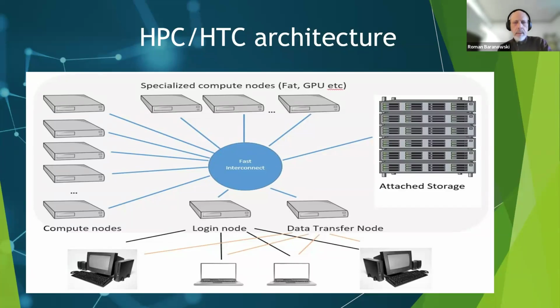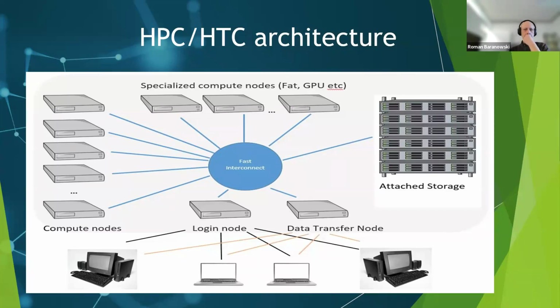This is how HPC architecture looks in a nutshell in most of the systems available at the moment in Canada. This is the way the clusters are built at the moment.